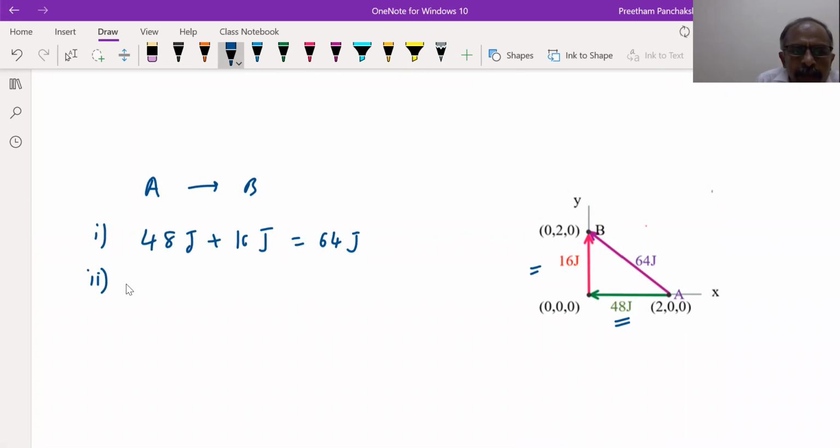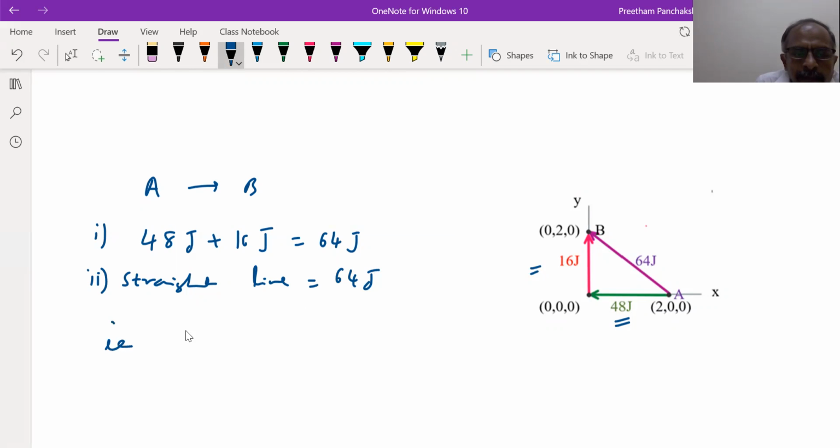In path number 2, we have a straight line path. The straight line path is a different path, but still we got 64 joules. So that means in this electric field, moving the charge from initial point to final point through different paths, we are getting the same work done.